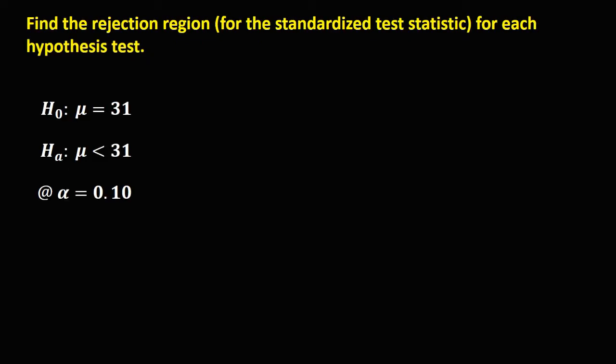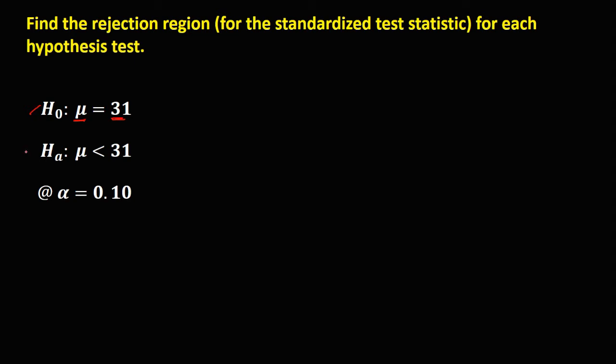So let's solve this problem. Find the rejection region for the standardized test statistics for each hypothesis test. We have this null hypothesis given, the H sub 0. So we assume that the hypothesis mean is equal to 31.